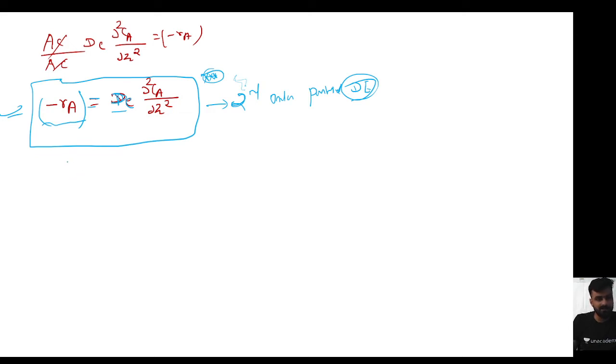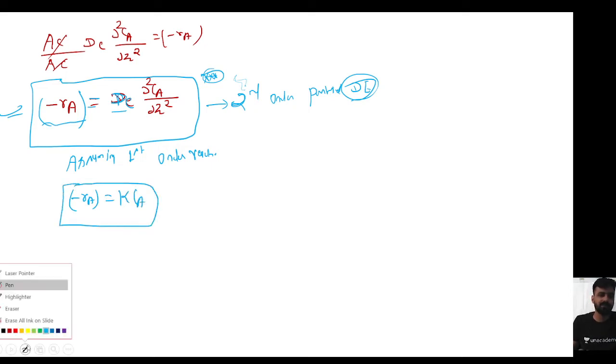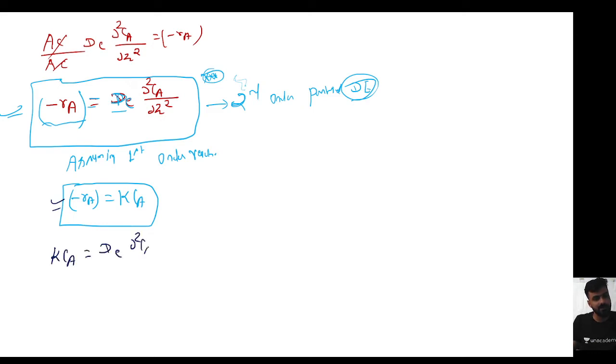Now, assuming a first order reaction, minus r_A is equal to what? K C_A. So can I substitute over here? K C_A is equal to D_e ∂²C_A/∂z².